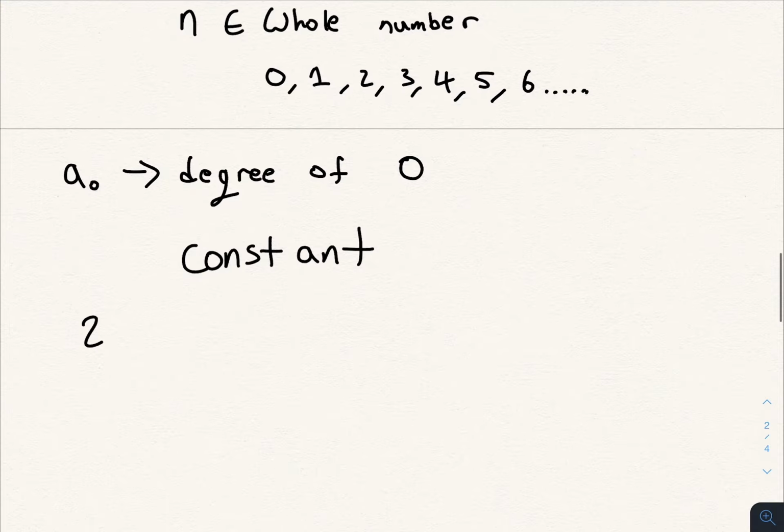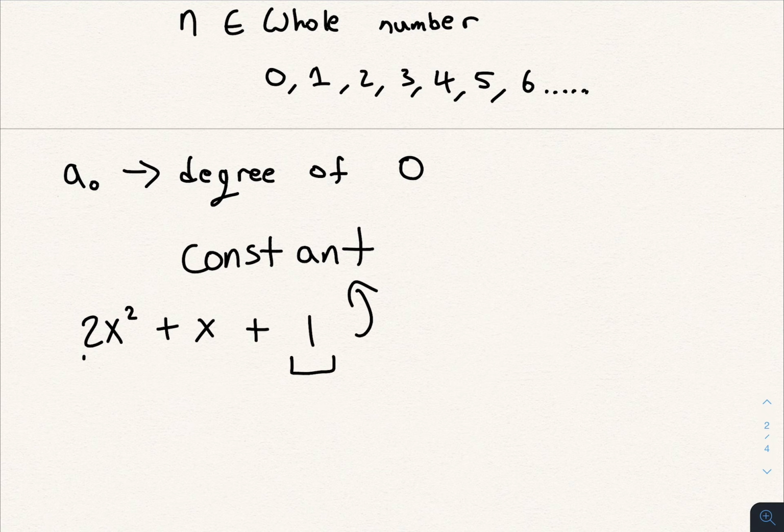So when you have a polynomial that maybe looks like this, this number here is the constant. This is the leading term. 2 is the leading coefficient. And the highest degree term in this polynomial is 2, so the degree would also be 2.